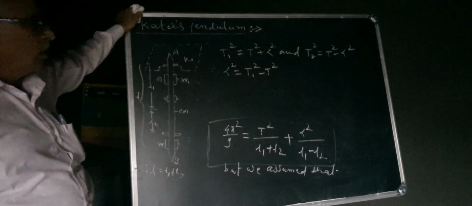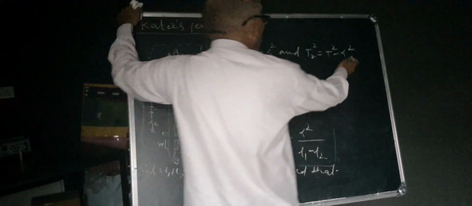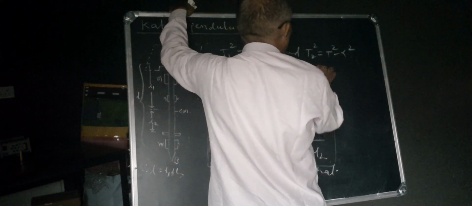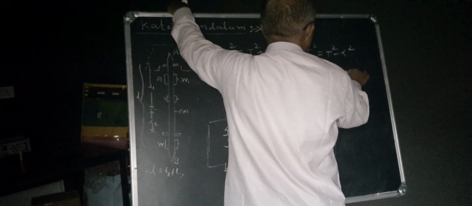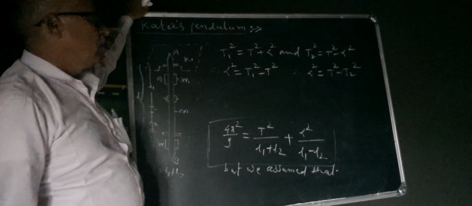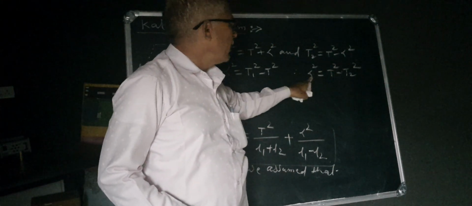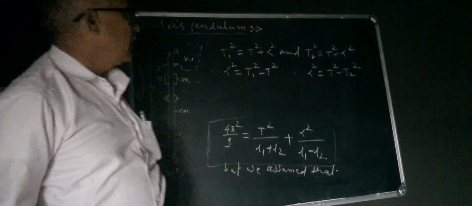Similarly, from this equation, alpha square equals T square minus T2 square. Here alpha square is shifted to the left hand side and T2 square is shifted to the right hand side.